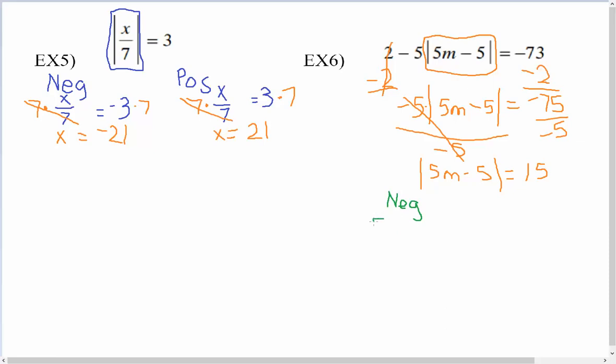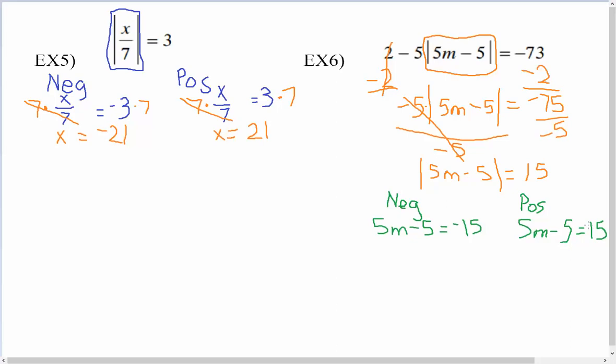So the negative in this case is 5m minus 5 equals the negative of our answer, which is negative 15, and the positive, which would be the same 5m minus 5, equals positive 15.